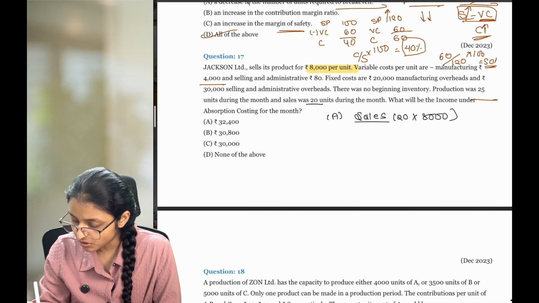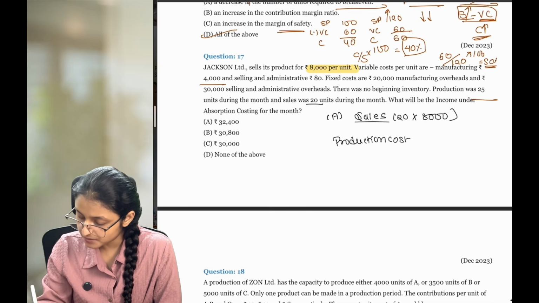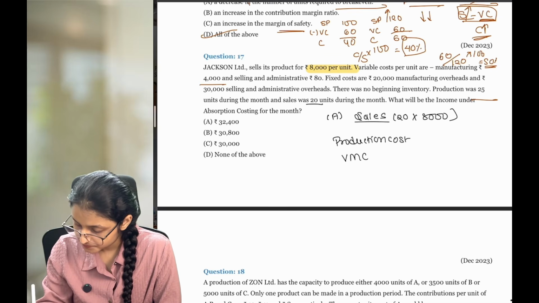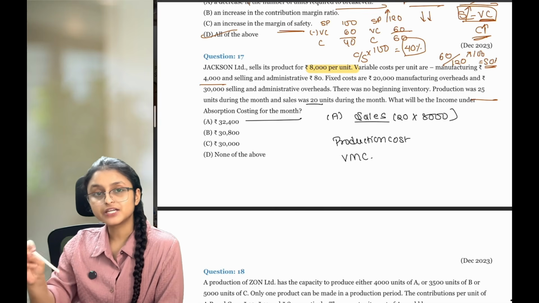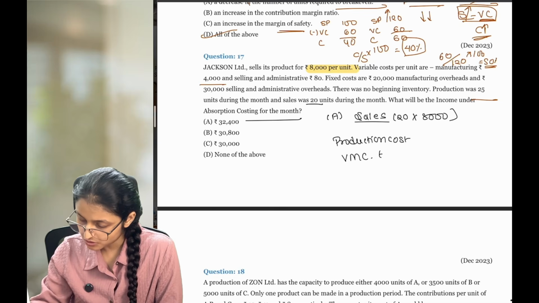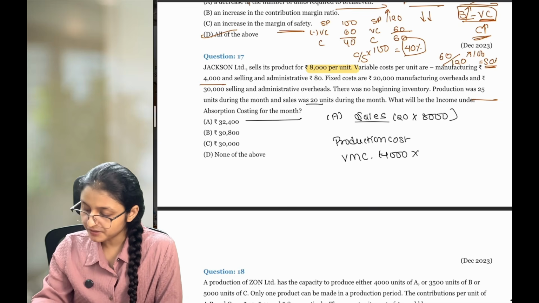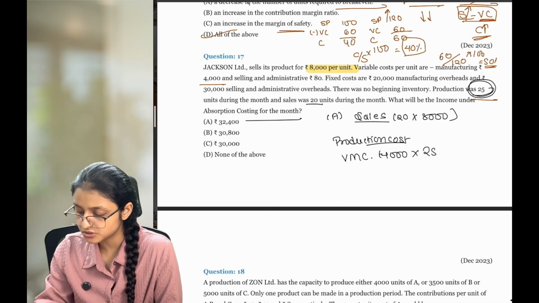Then we consider all our production related cost. In production cost, the first one is variable manufacturing cost. Whenever we use absorption costing, we are going to consider fixed and variable both type of production cost here. So, variable manufacturing cost is 4,000 rupees multiplied by production units, which is 25.